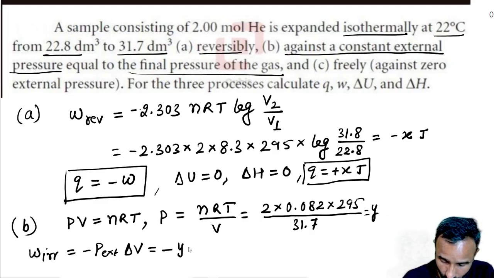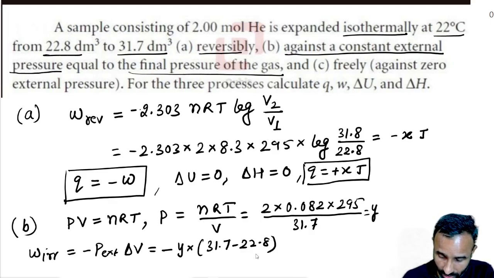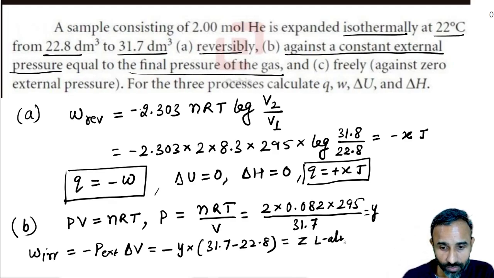So minus Y into 31.7 minus 22.8, but this value comes out in liter atmosphere, right? And you know 1 liter atmosphere is equal to how many joules? It is roughly 101 joule.